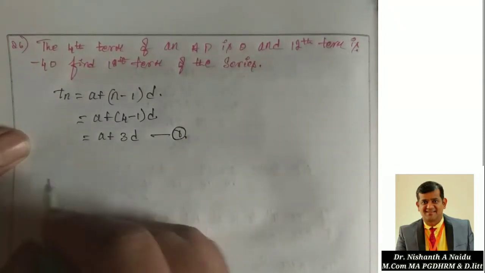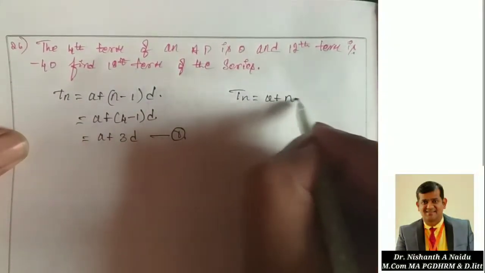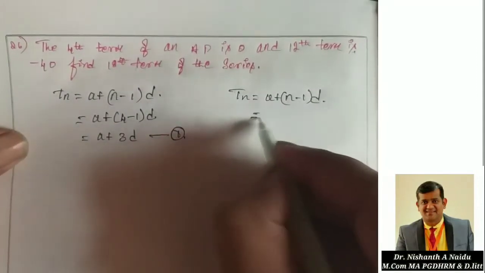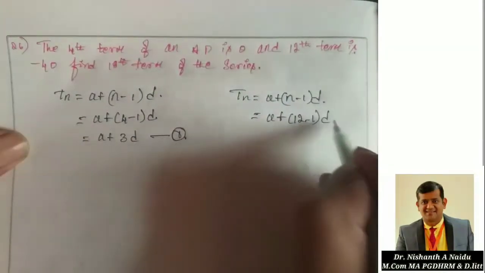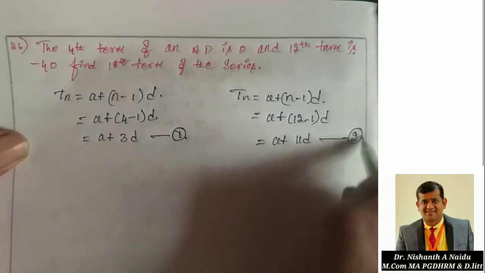The same way find equation 2: Tn equals a plus n minus 1 into d. So that is a plus 12 minus 1 into d, so a plus 11d. This is equation 2.